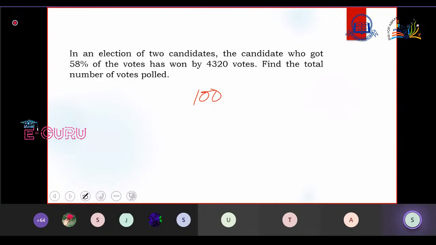So the total vote is 100. The candidate who won the election got 58%, which means his vote share is 58 votes. Then the person who lost got the remaining votes. That means 100 minus 58, 42 votes received by the person who lost the election.